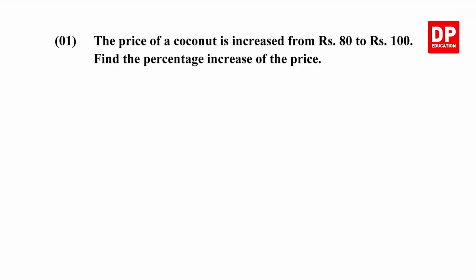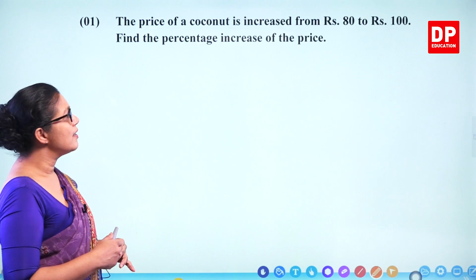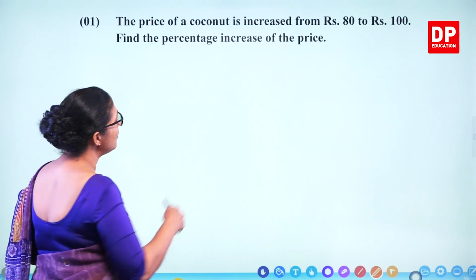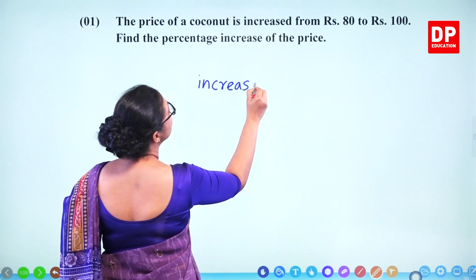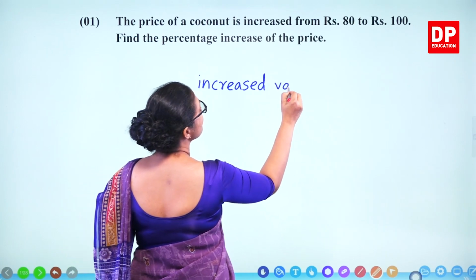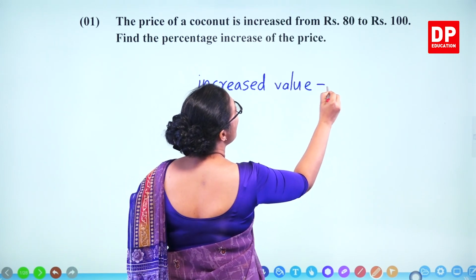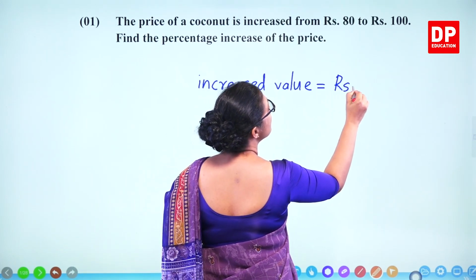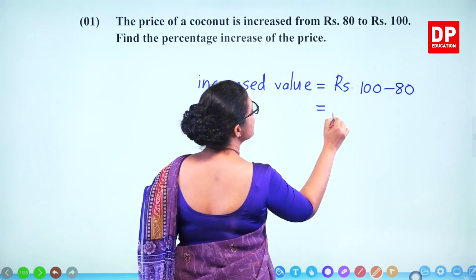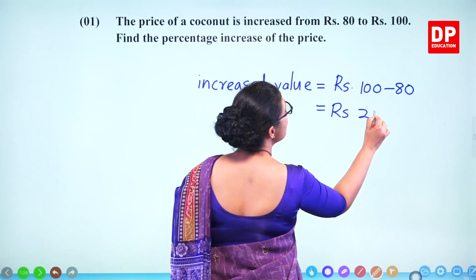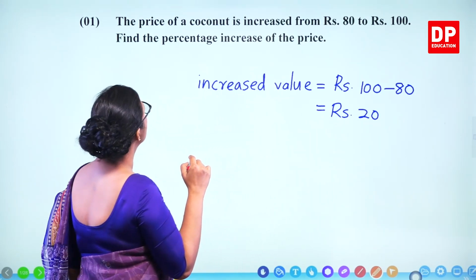Question number 1. The price of a coconut is increased from 80 rupees to 100 rupees. Find the percentage increase of the price. So what's the increased value? Increased value is 100 minus 80, that's 20 rupees. So how do you find the percentage?